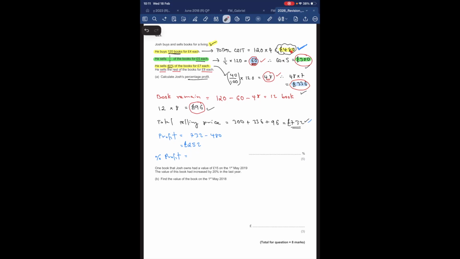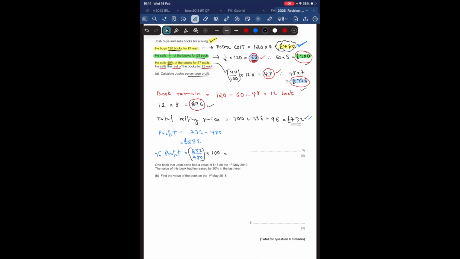That's the amount we actually paid for the books. So 252 out of 480 can be written as the fraction 252 over 480. Now, to convert a fraction into a percentage, all we need to do is multiply by 100. We can do that whole calculation in one go and get the percentage profit, which gives us 52.5%, and that is the answer that we're going to put on the dotted line over here.